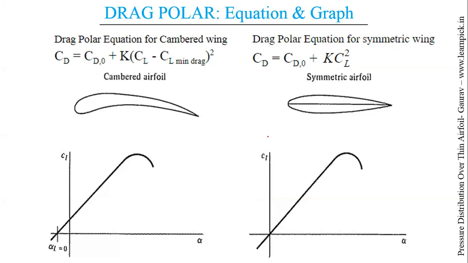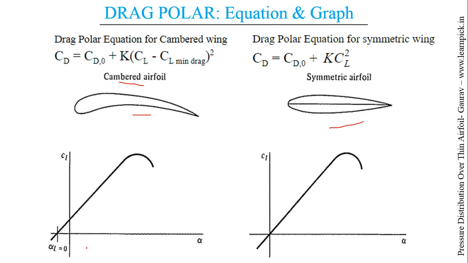As I said, there are two kinds of wing: the cambered wing or cambered airfoil, and the symmetric airfoil. Here we can see the basic geometric difference between the cambered airfoil and the symmetric airfoil.